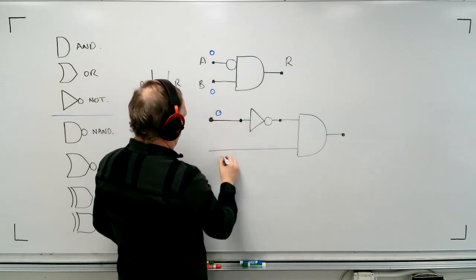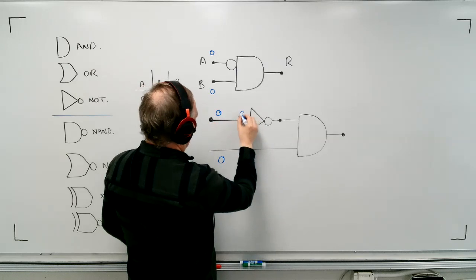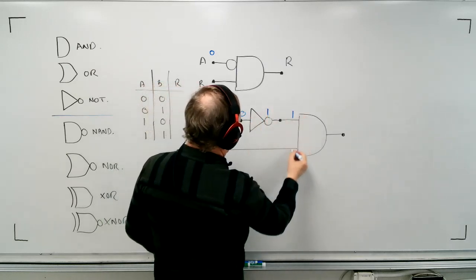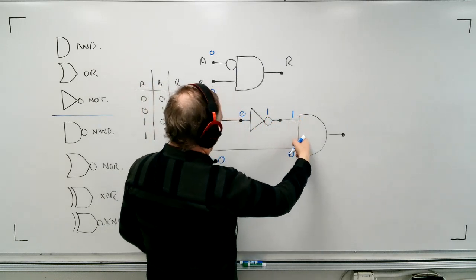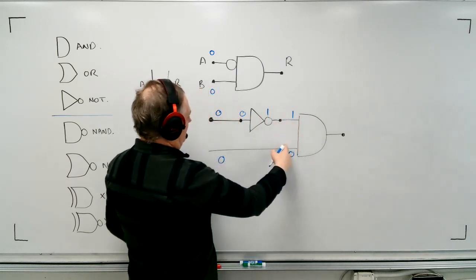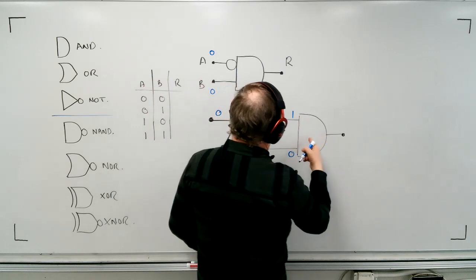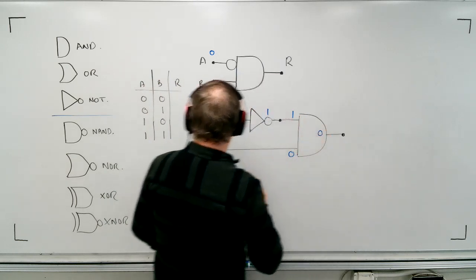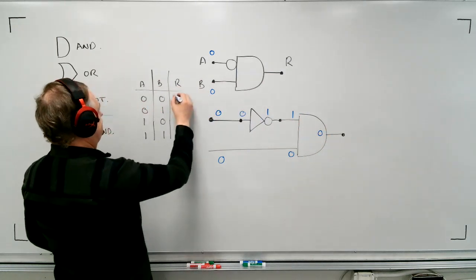If you have 0 and a 0 here, as soon as you get to the invert, this 0 turns into a 1. So what actually arrives into the AND is 1 and 0. Now, 1 and a 0 on an AND doesn't work for anything, and so you get a 0.